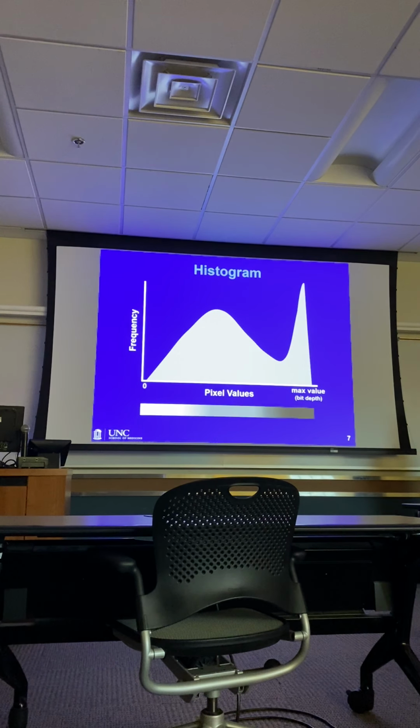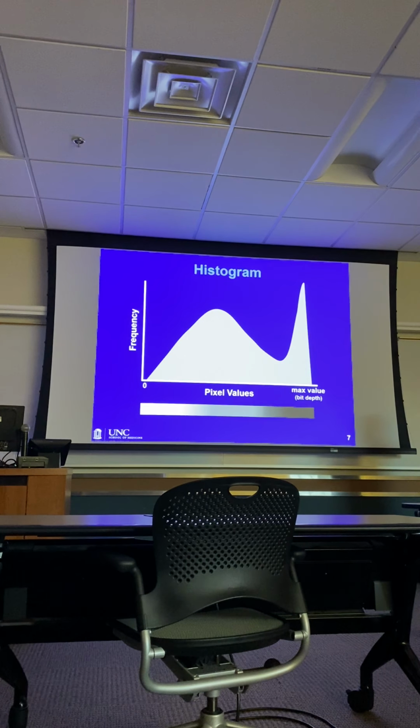A histogram is just a graph, a plot of all of the pixel values. That's why I briefly went over quantization, because quantization is where the analog to digital converter assigns numerical values to every single pixel in that data set.